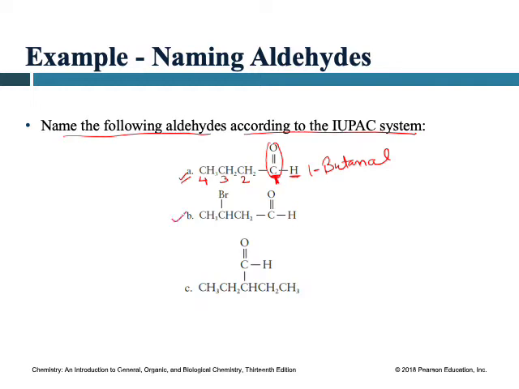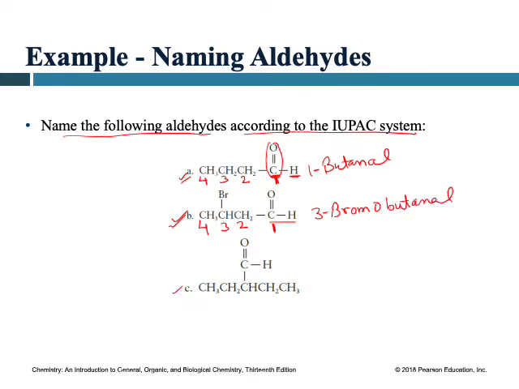Let's start with the second, the B question. Again you have an aldehyde group. Give the preference to the aldehyde group: 1, 2, 3, 4. Again, what's the name? So on the third carbon you have bromo, and you have altogether 4 carbons: 3-bromobutanal.